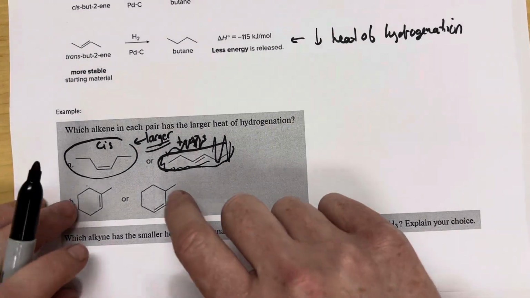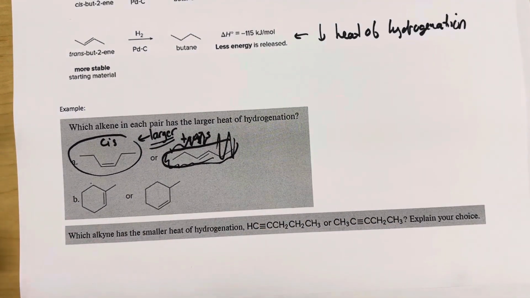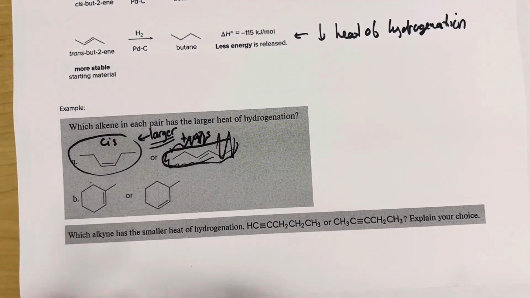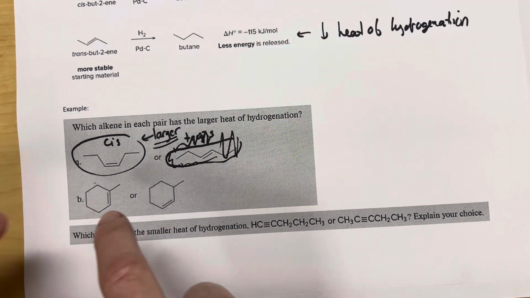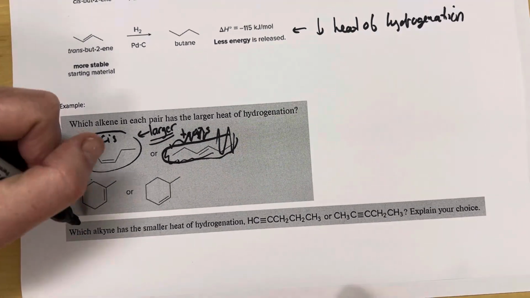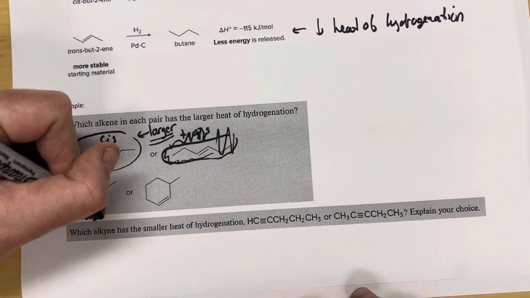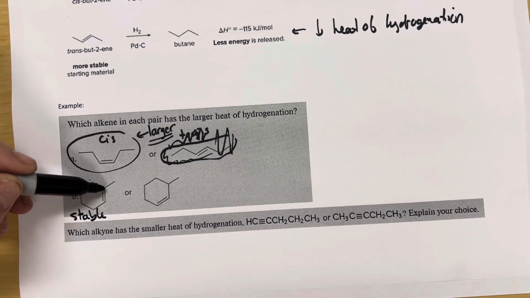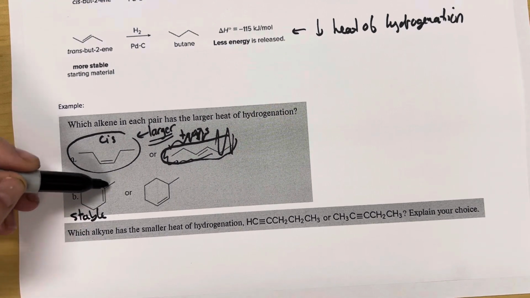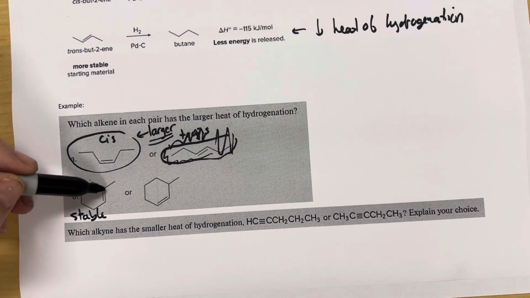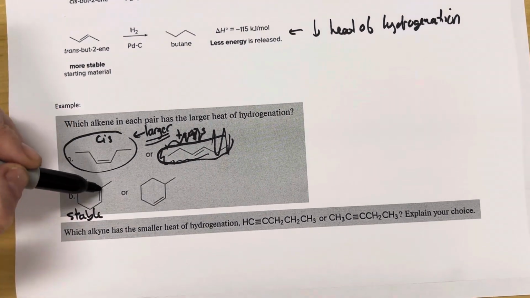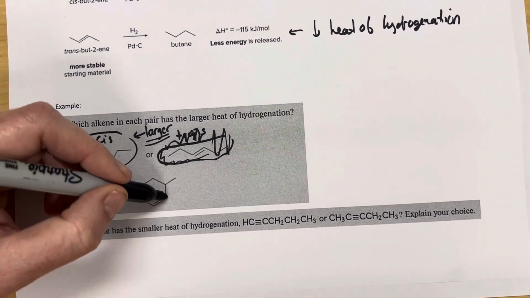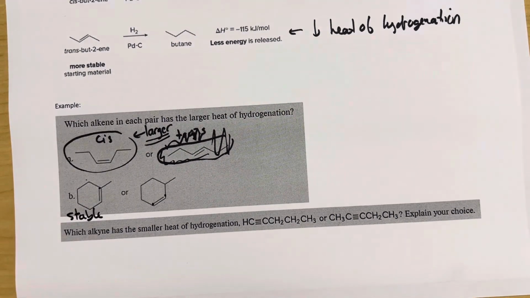All right, but let's look at this next one. This maybe isn't as intuitive, but I hope at this point that we can look at this and say this one right here is more stable. Why is it more stable? Because these electrons are being shared here and here, and we want that double bond to be more substituted. Here we have a tri-substituted double bond, and over here we only have the di-substituted.